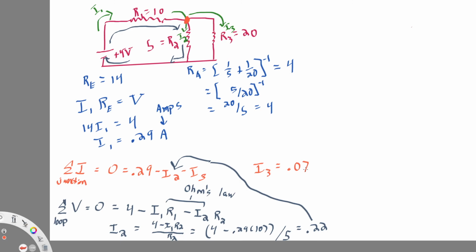There, we should be able to subtract 0.22 from 0.29, switch that to the other side, and we should have I3. That's right.